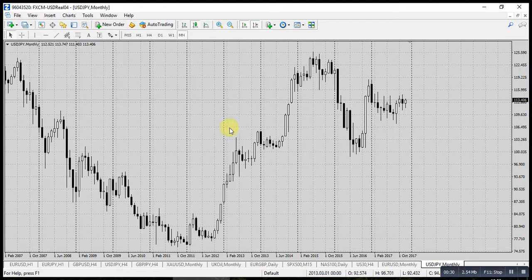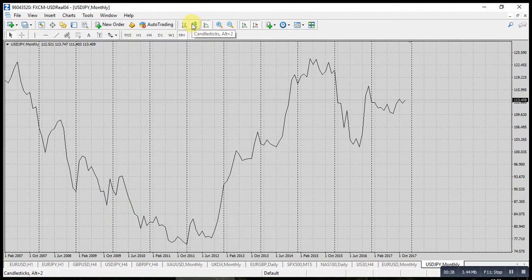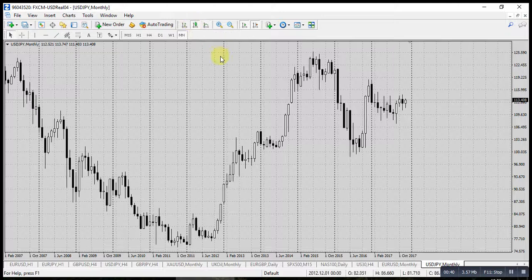So I know there are a lot of different ways to draw trend lines. There are channels and other ways. But here, what we see, we just pick up the lowest low and connect it with the other higher low compared with the previous one.